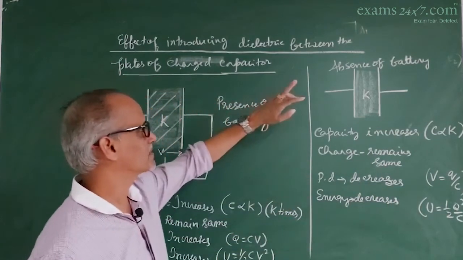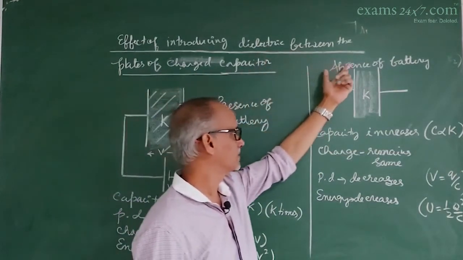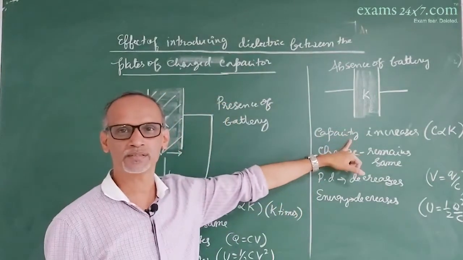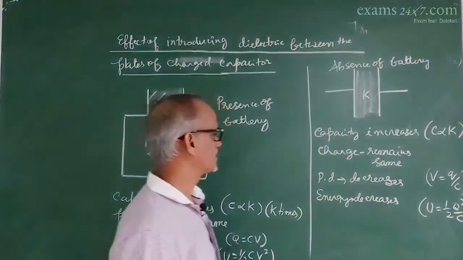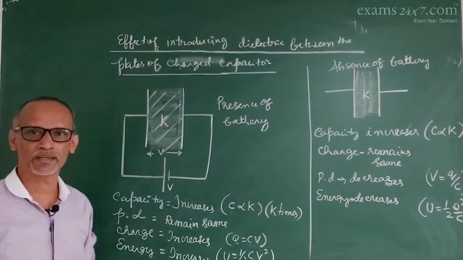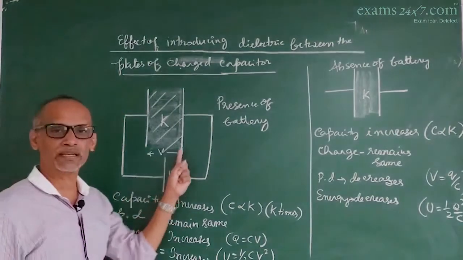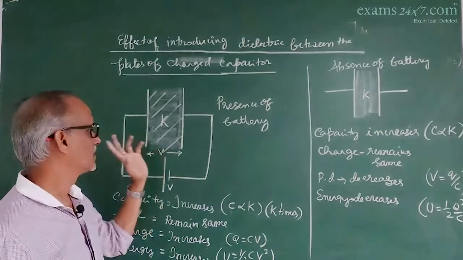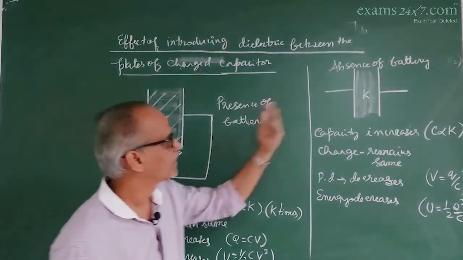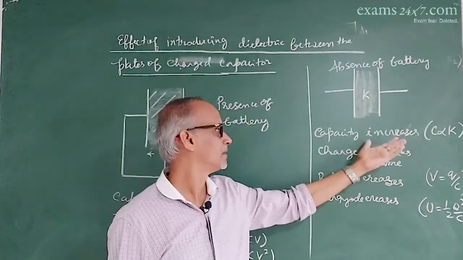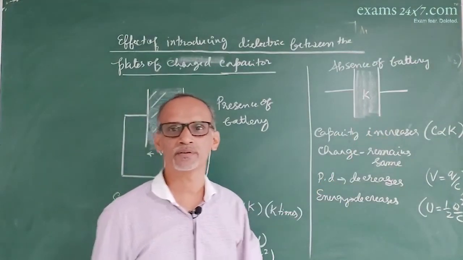So therefore, when we introduce a dielectric in the absence of the battery, capacity increases, charge remains the same, potential difference decreases, and even energy decreases. So these are 2 different cases. While solving the problem, you need to check whether the battery is still connected to the capacitor or not, because if it is connected, the variations are completely different from the case where we introduce a dielectric in the absence of the battery.